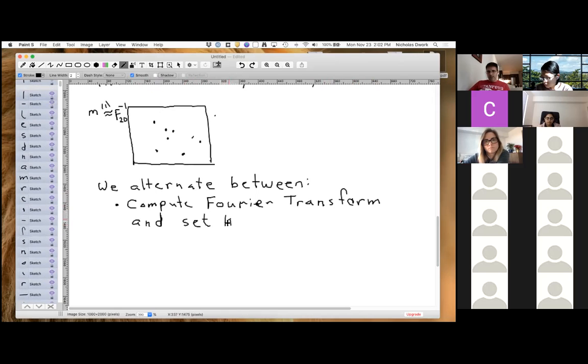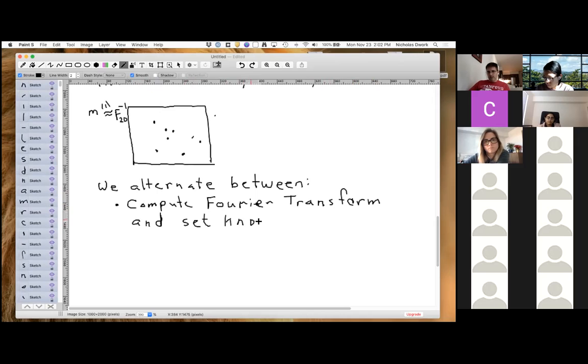So for all of those values that we know, we set them to the values that we know. If we know frequency 0 is 5, then we compute the Fourier transform of our estimate, and we set 0 to 5. And if we know frequency 10 is 3, we set 10 to 3. You see? We compute the Fourier transform, and we set the known values.